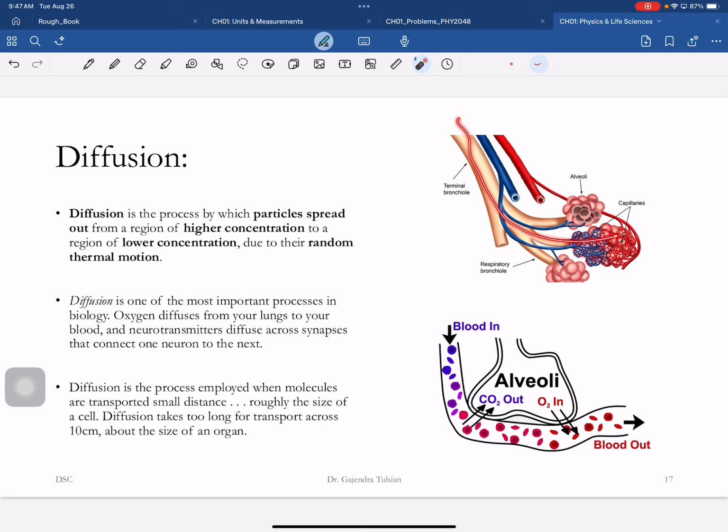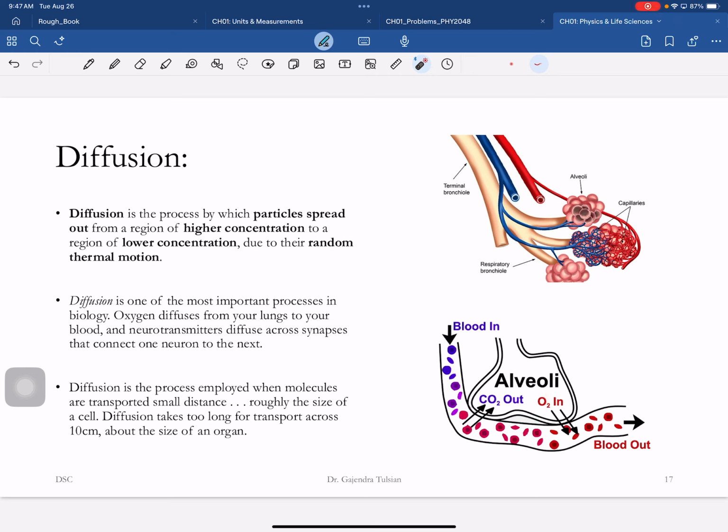You breathe in air, and this air has a higher concentration of oxygen than your blood. The blood comes in from the veins to the lungs, and the oxygen from the alveoli diffuses into the blood.